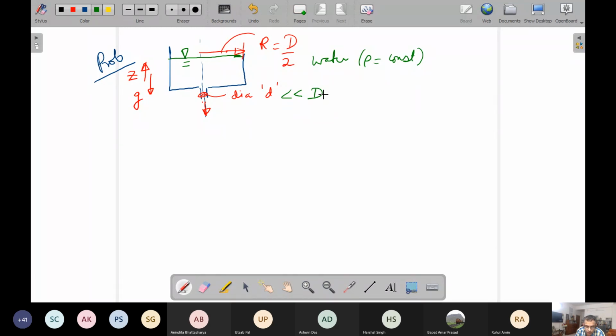One very common question that is asked out of this is what is the time taken to make the tank empty?